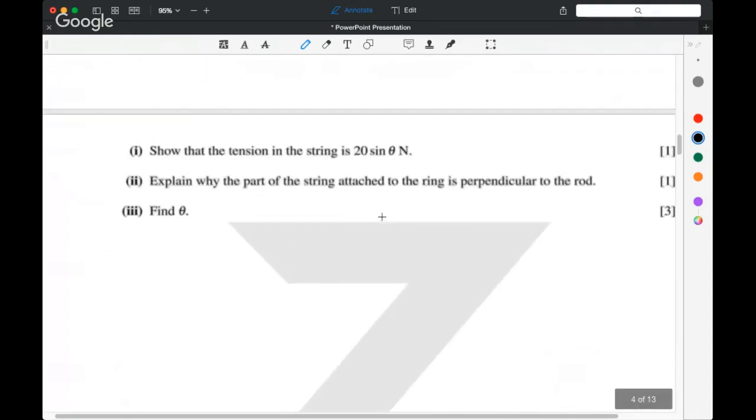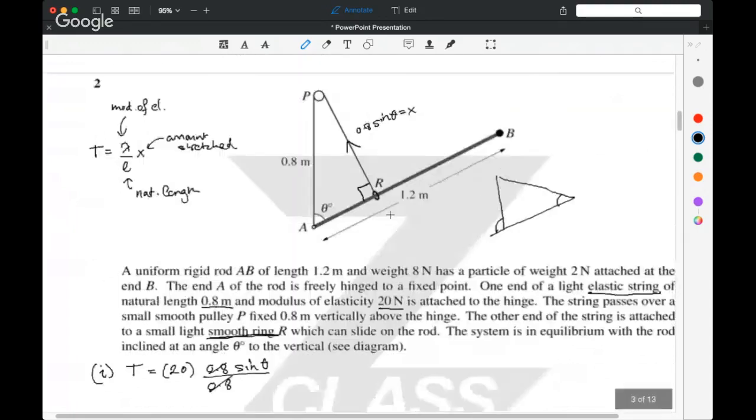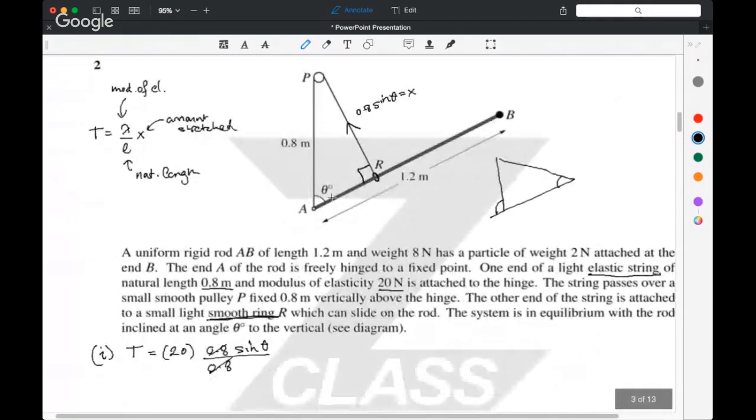Okay, so now they're asking you to find theta. So to do this, you're going to be using moments about A, and you're using the fact that it's in equilibrium. So let's do that. Moments about A. And you know that if it's in equilibrium, then the moments must be balanced.